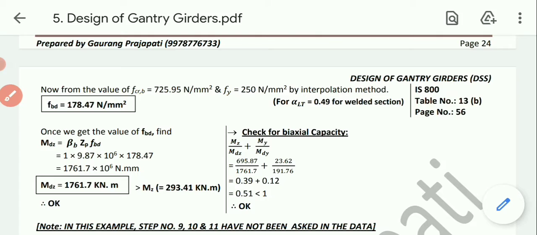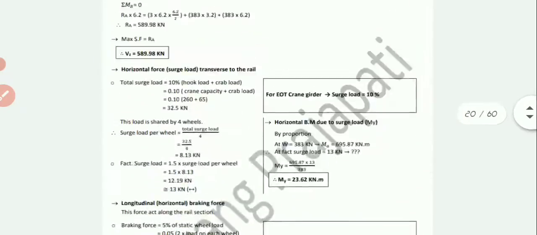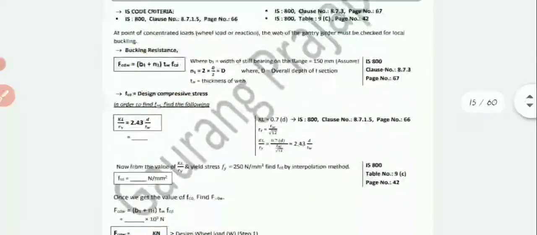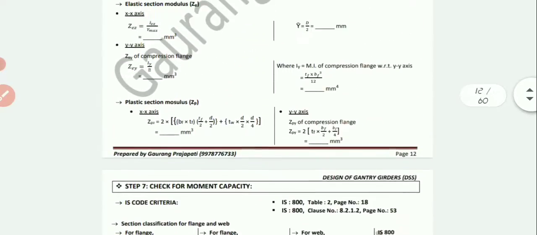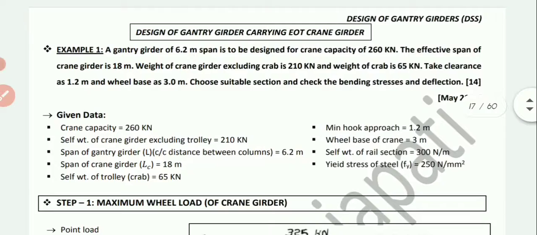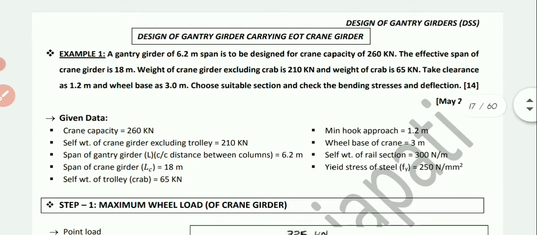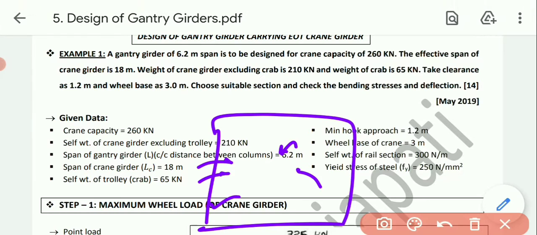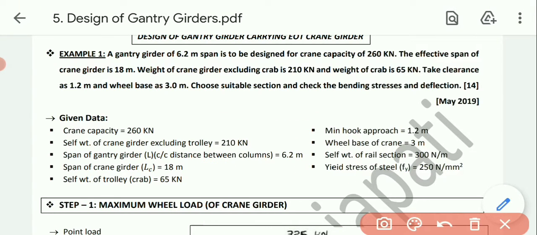Now in this example which was asked in the examination of May 2019, what they ask is that we need to check the design, choose the suitable section, and check the bending stresses.